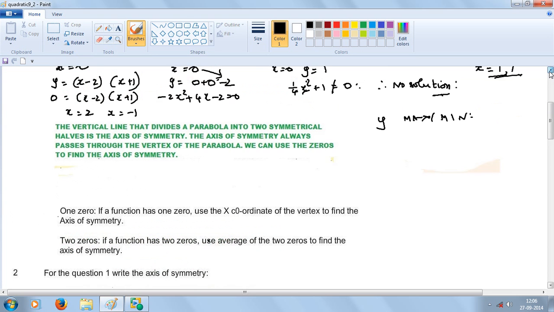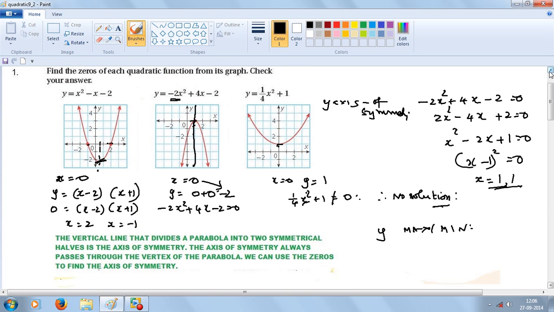So in the above case, what is that? In the first case, the equation cuts the x-axis in two places. So to find the x coordinate of the axis, it is x1 plus x2 divided by 2.